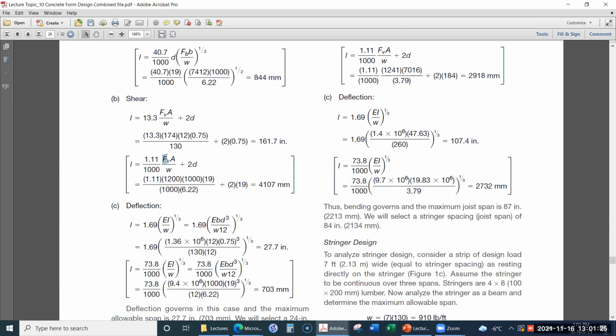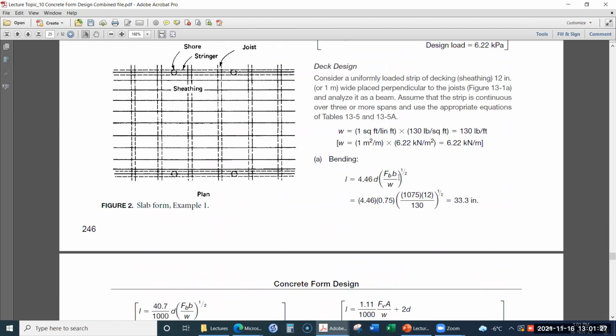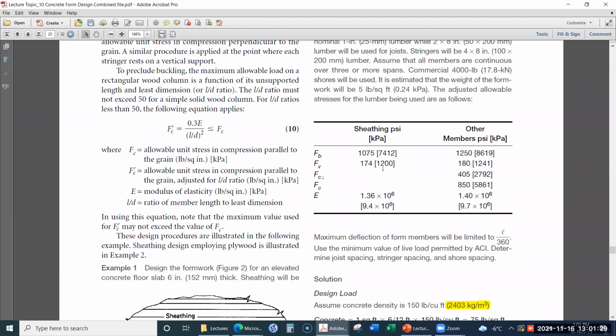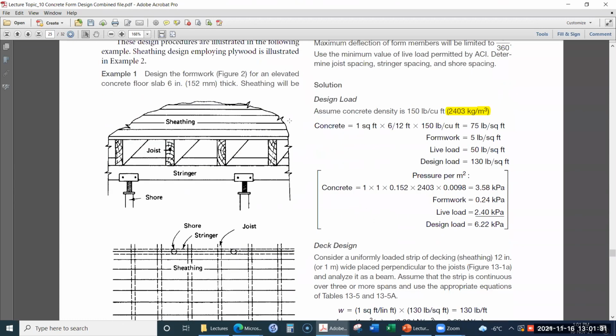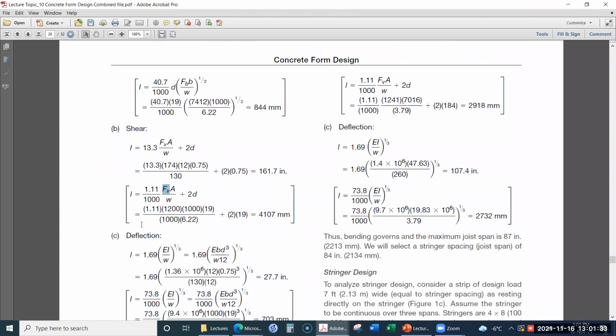Fv is the allowable shear stress, which is 1200. A is the area, width times thickness, so 1000 times 19 millimeter, because earlier we used 19 millimeter and 1000 over here.